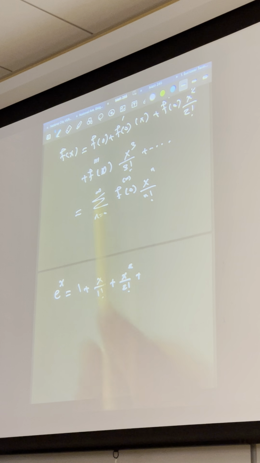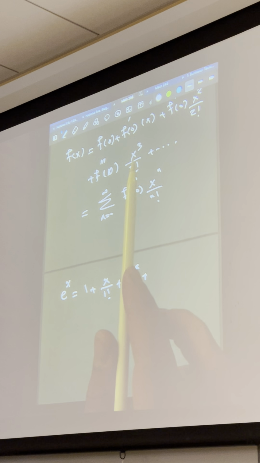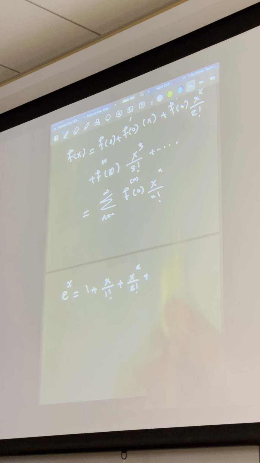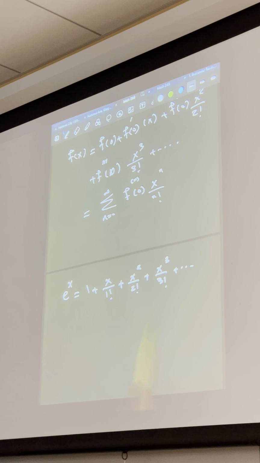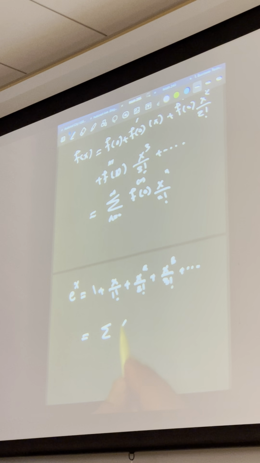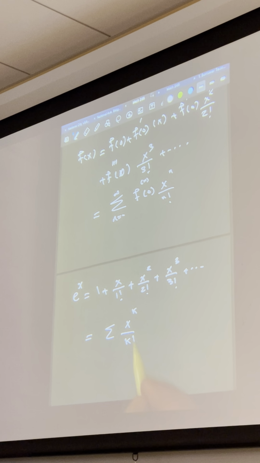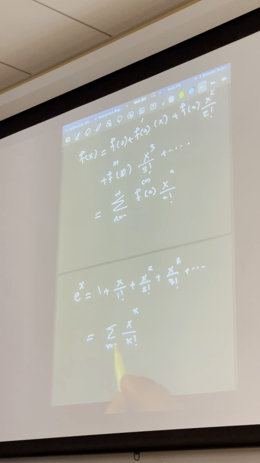The third one would be again e to the power of 0 times x cubed over 3 factorial, and so forth. So essentially you can write this as x to the power of k over k factorial, k going from 0 to infinity. That's e to the power of x.